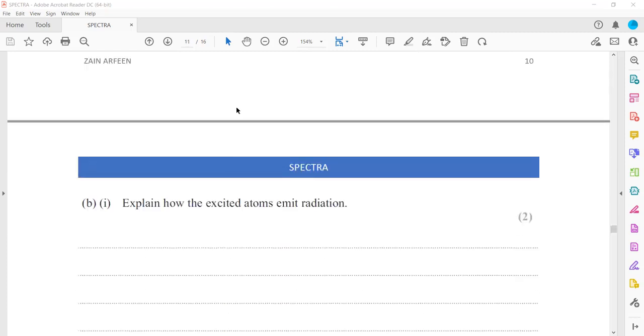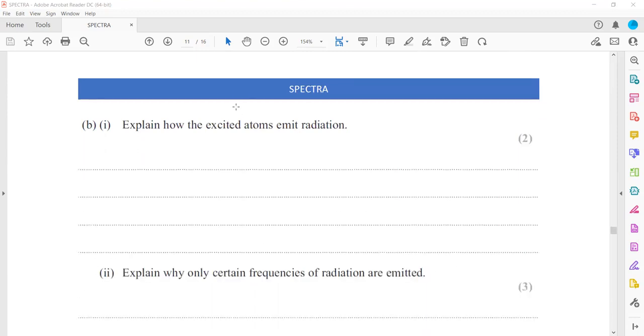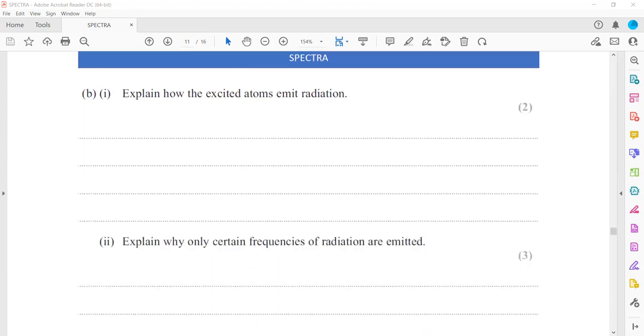Explain how the excited atom emits radiation. So for the second part, the atom is excited, but how will it give out radiation? When the electron or atom moves down from a higher level to a lower level, it emits a photon, a particle having energy equal to the difference in energy of the two levels.